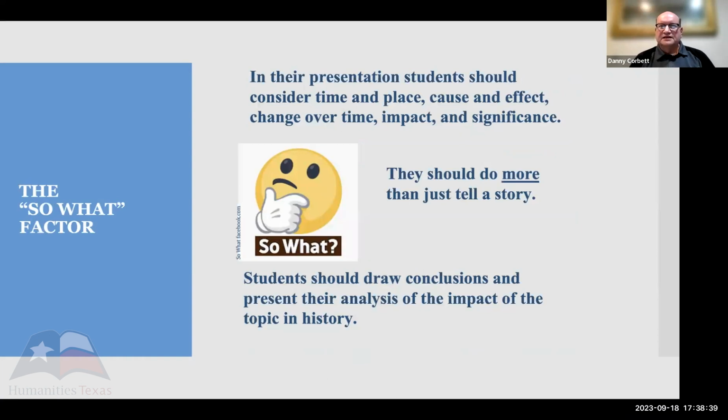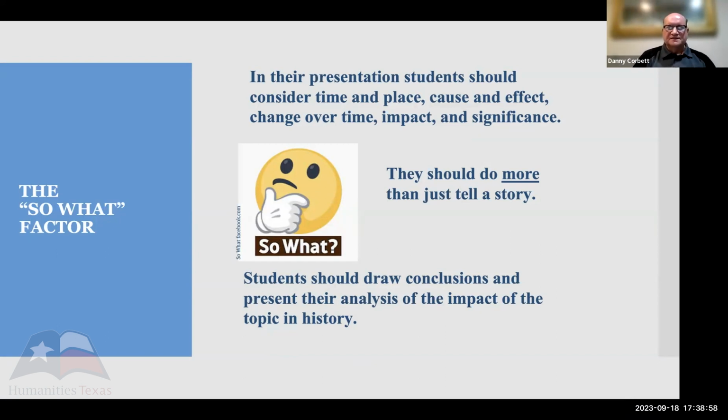Okay, so no matter what category the students might pick, they're going to consider this so what factor. So we want the students to get beyond just telling the story of what happened in a particular event, whatever their turning point in history is.